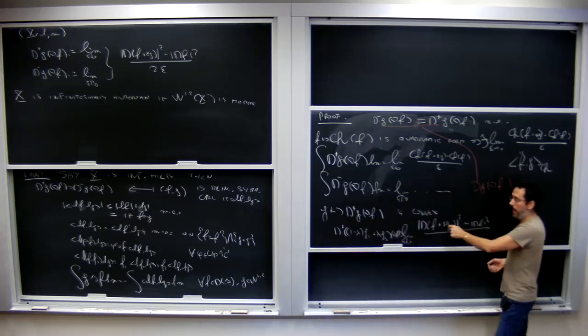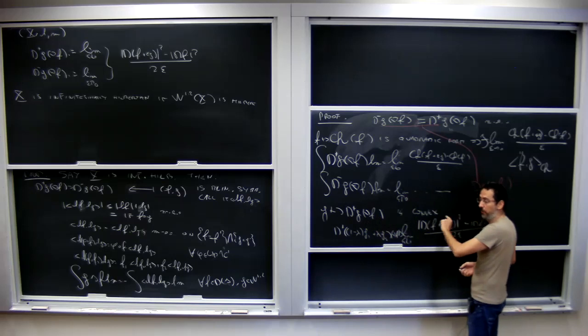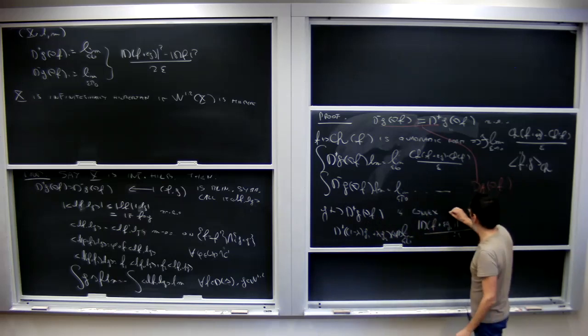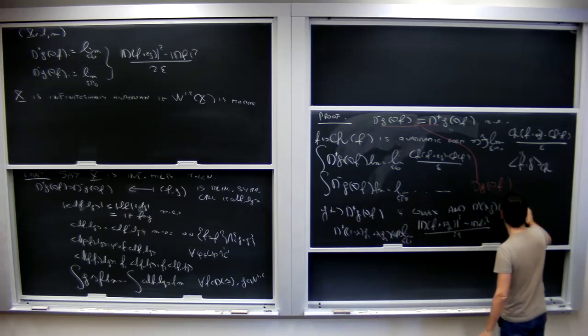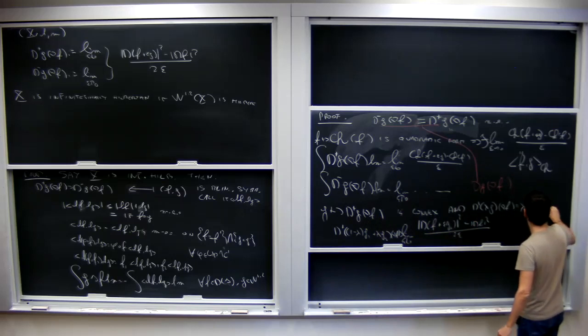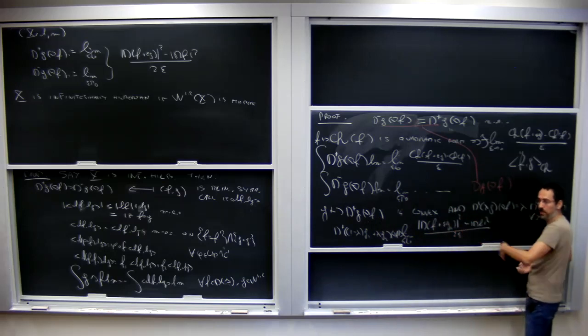Right. So this is convex, and of course it's also positively one homogeneous: d plus of lambda g nabla f is equal to lambda d plus g nabla f for every positive lambda, just by scaling. It's a derivative, and the derivative is always one homogeneous in the differential variable.